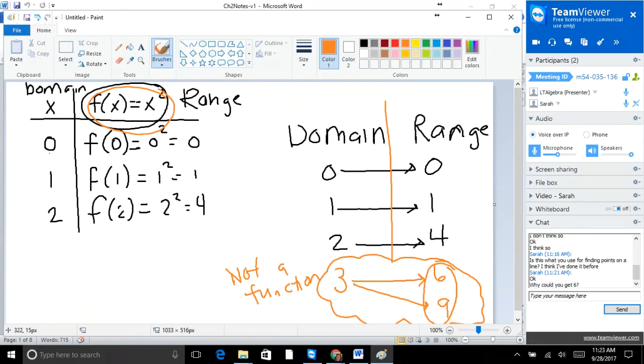In this particular case, you would get 9 and it would still be a function, right? But I'm just saying, if you just had this set of data without knowing what the function is, and they said when you put in 3, you could get 6 or 9, then all of a sudden that's no longer a function. There's this one-to-one relationship. Sorry, that was a little bit confusing how I explained that.